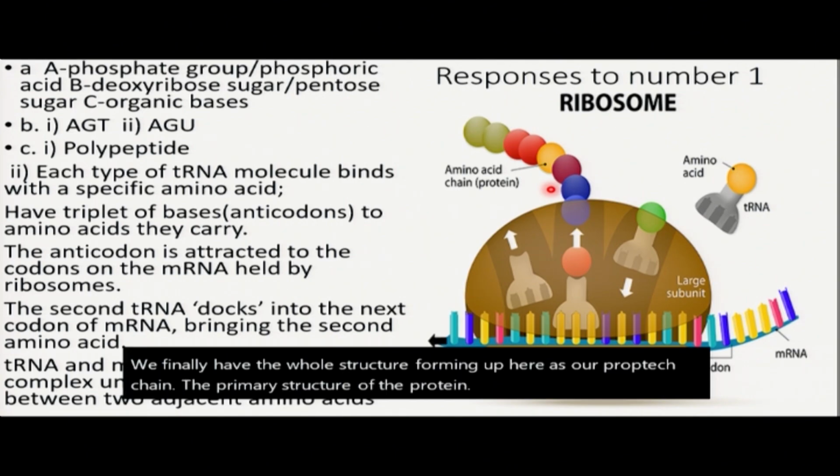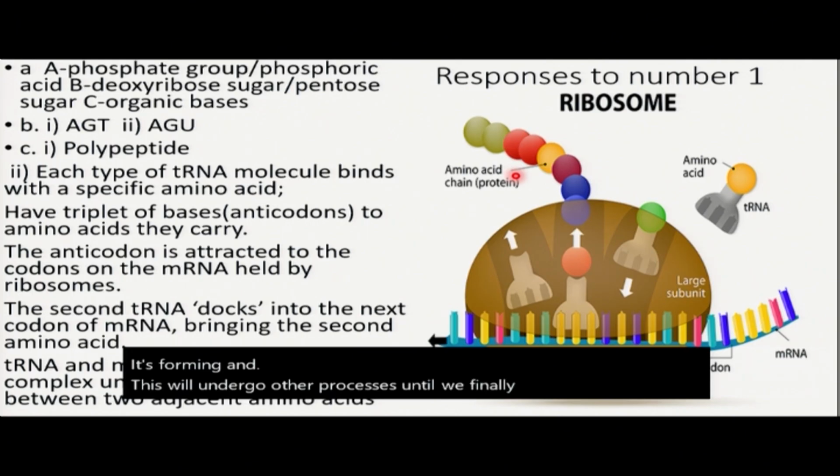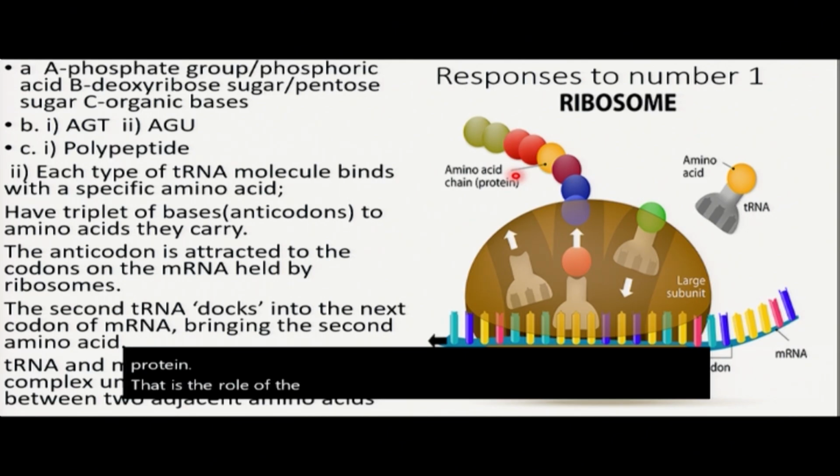So you have our polypeptide chain forming, and this will undergo other processes until we finally have a functional protein. That is the role of the ribosomes during protein synthesis. It also shows the role of the tRNA. Here it is. What it is carrying is added as we keep moving.